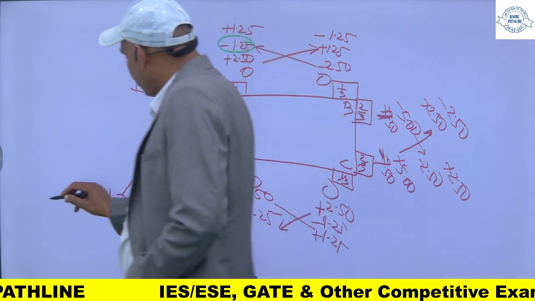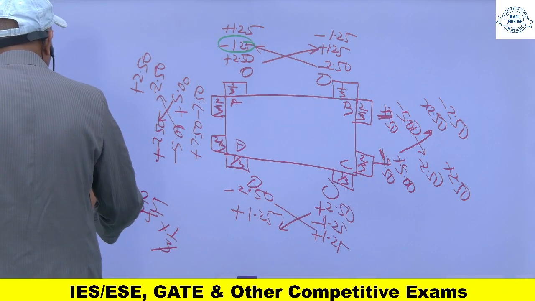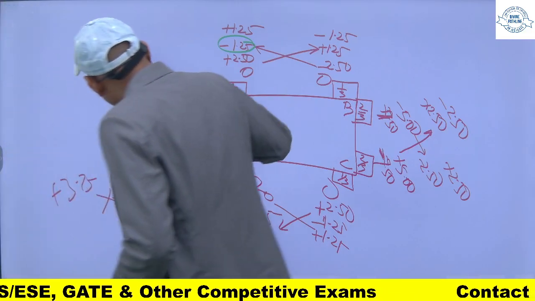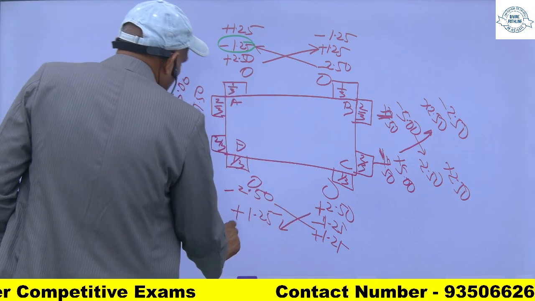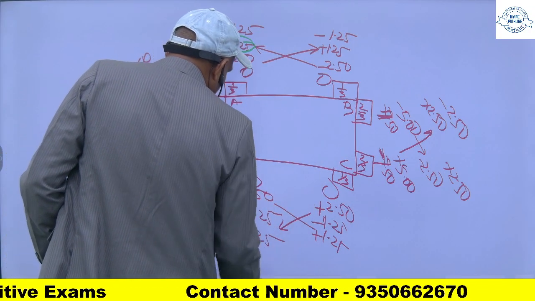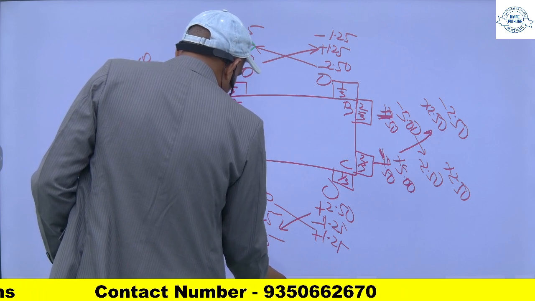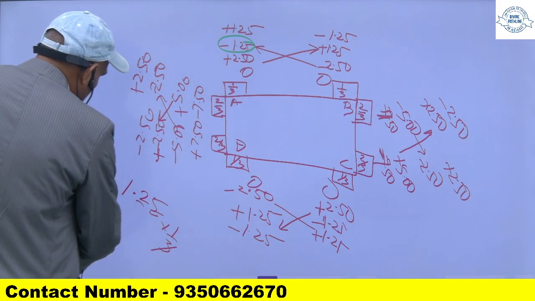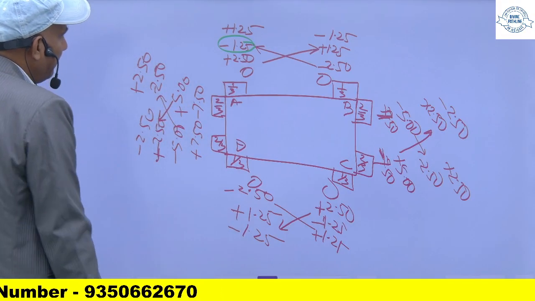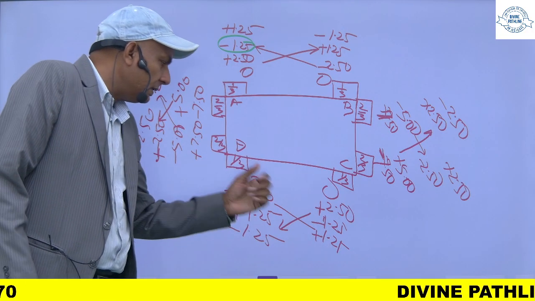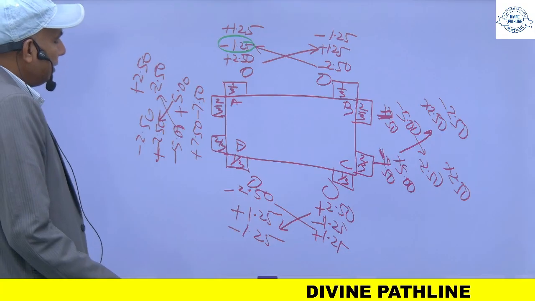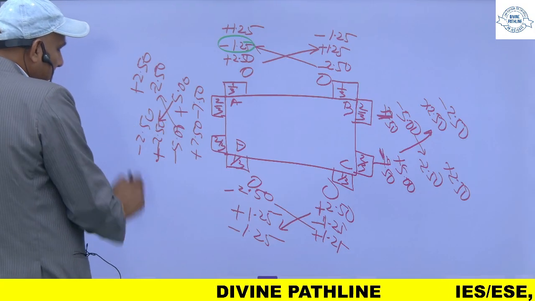So plus 3.75 is extra. For this, I will apply a correcting moment. So it will be minus 2.50 and minus 1.25. So this same will continue. Now at this point I will wind up.